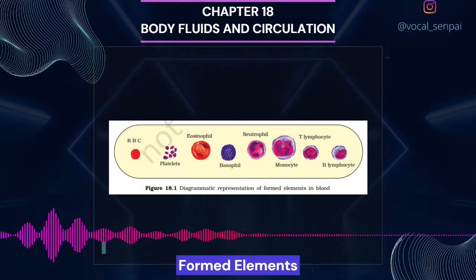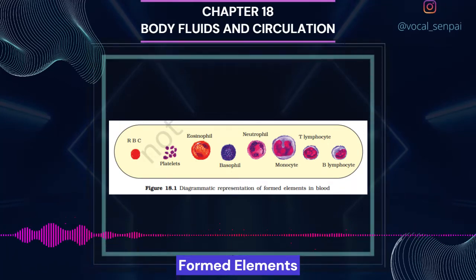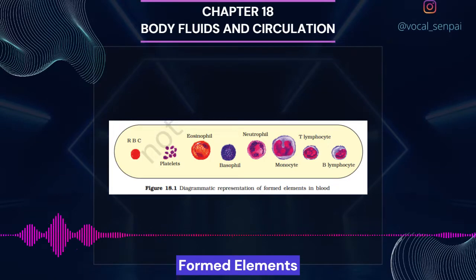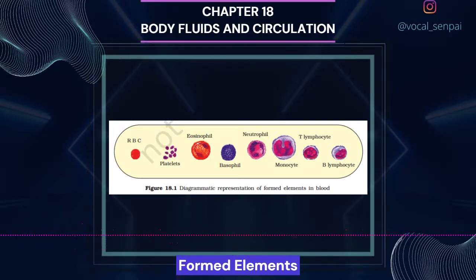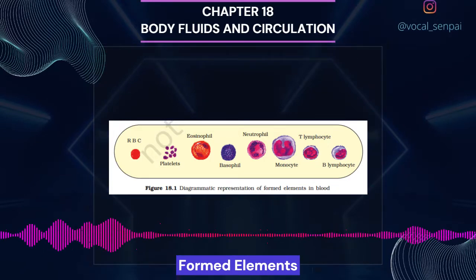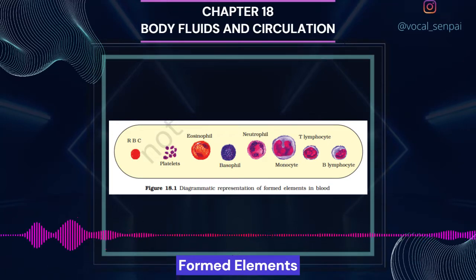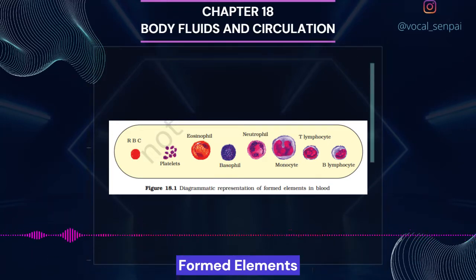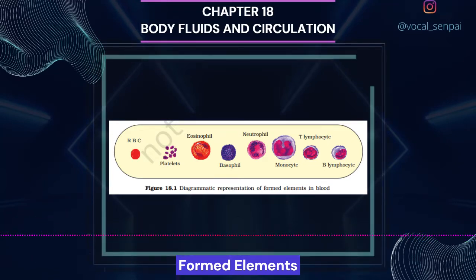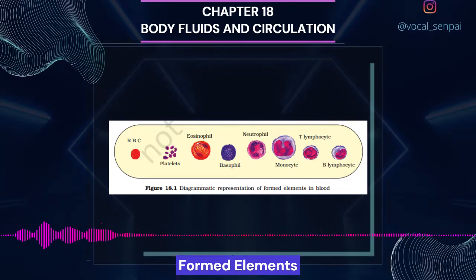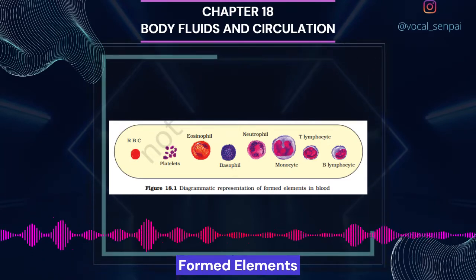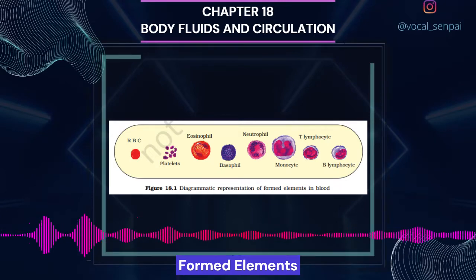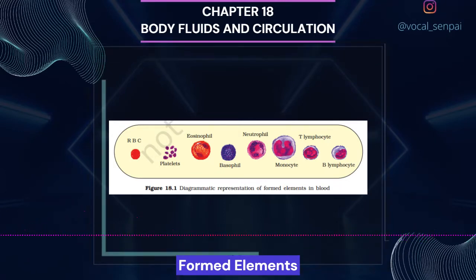Leukocytes are also known as white blood cells, WBC, as they are colorless due to the lack of hemoglobin. They are nucleated and are relatively lesser in number which averages 6,000 to 8,000 per mm3 of blood. Leukocytes are generally short-lived. We have two main categories of WBCs, granulocytes and agranulocytes.